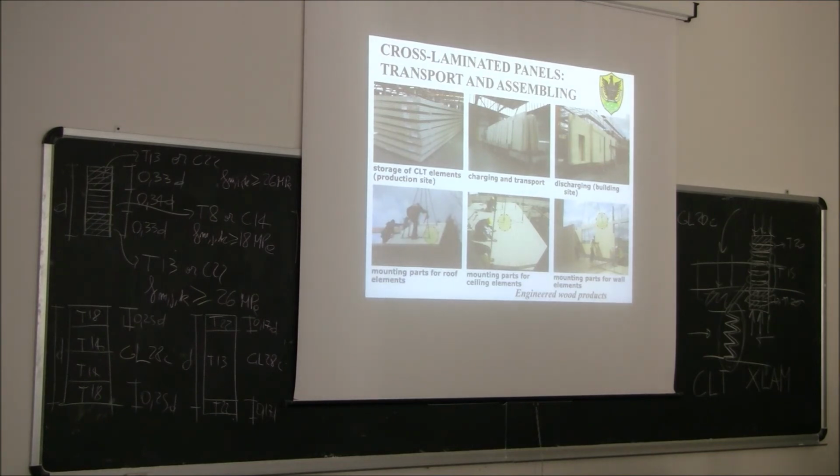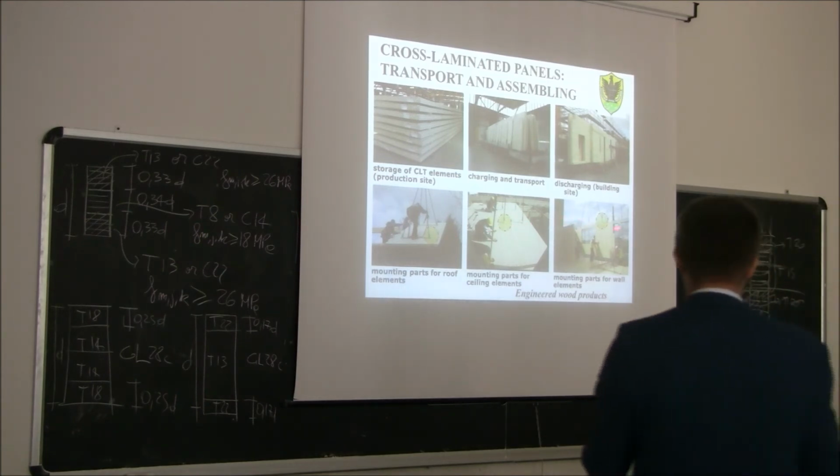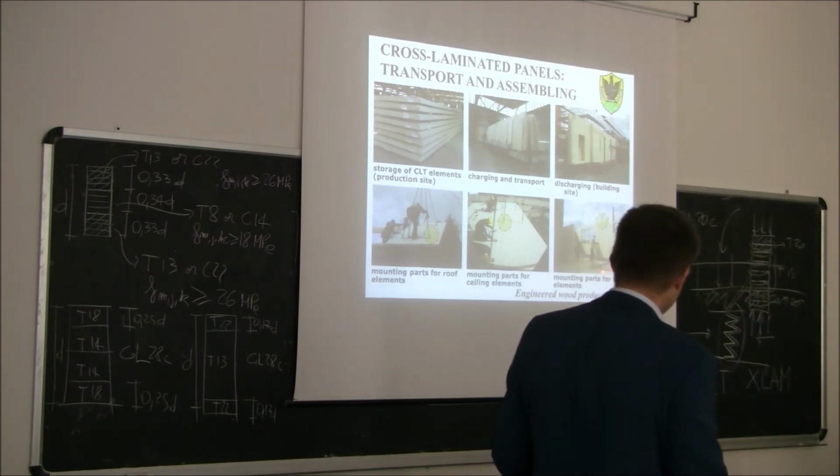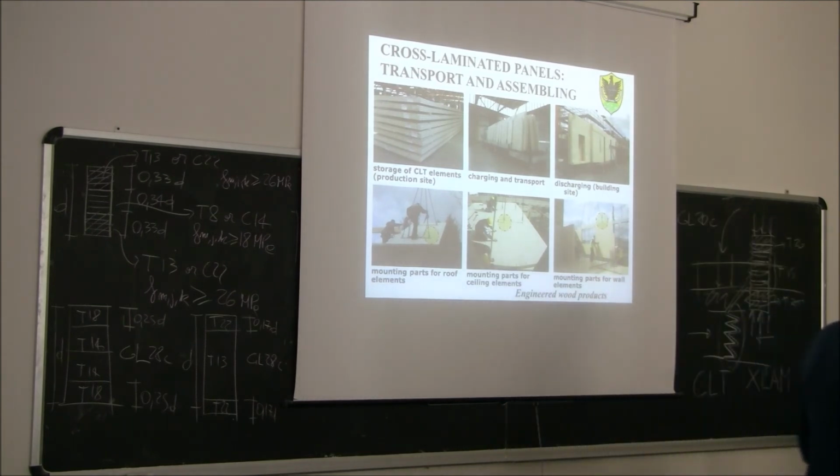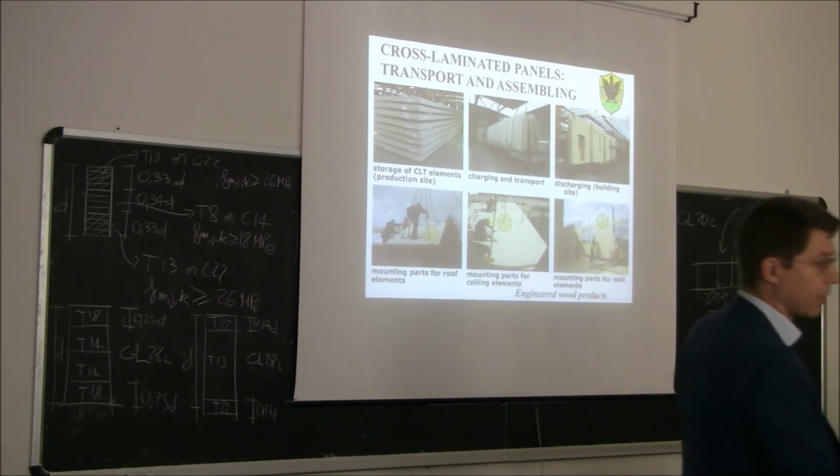Of course, as you can imagine, a crucial role will be given to the connection between these panels. So this huge panel then needs to be connected. You can see here these quite small connectors, some angle brackets that are either nailed or screwed to the panels to keep all these panels together.